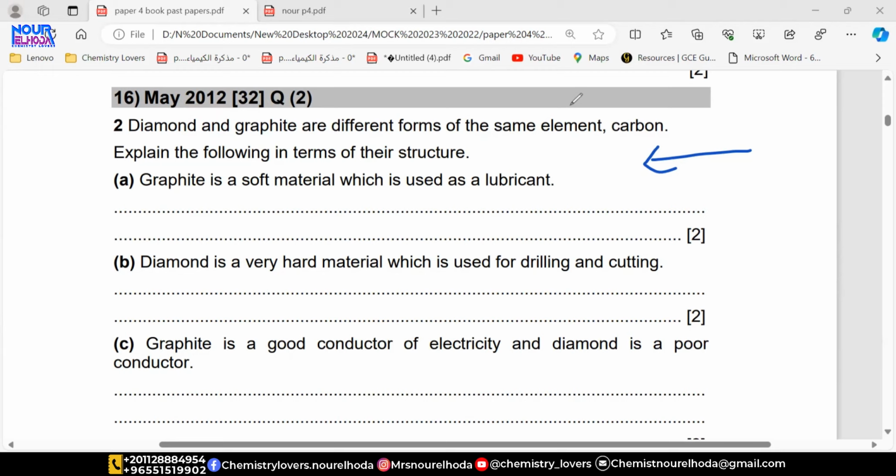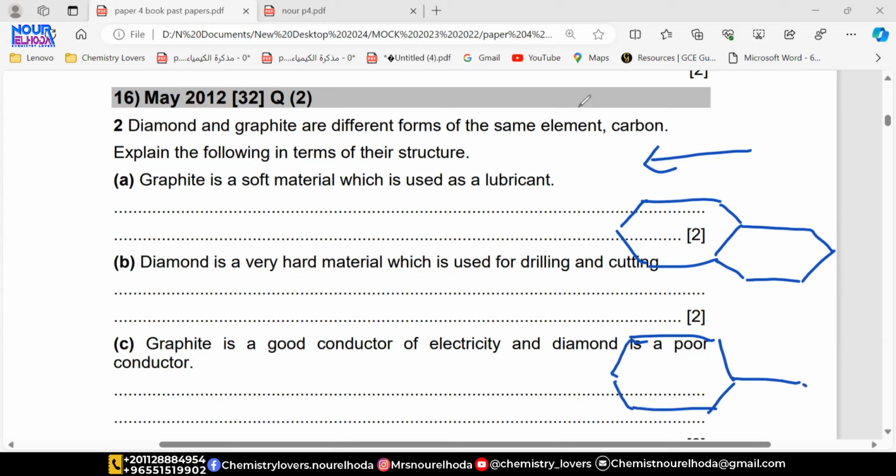We said, if you remember, in the graphite, how does it look? Exactly, good job. The graphite layers slide over each other. We said it's formed of layers, with very weak forces between the layers.